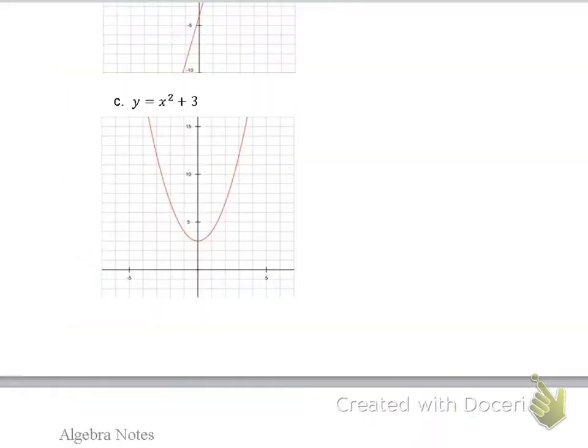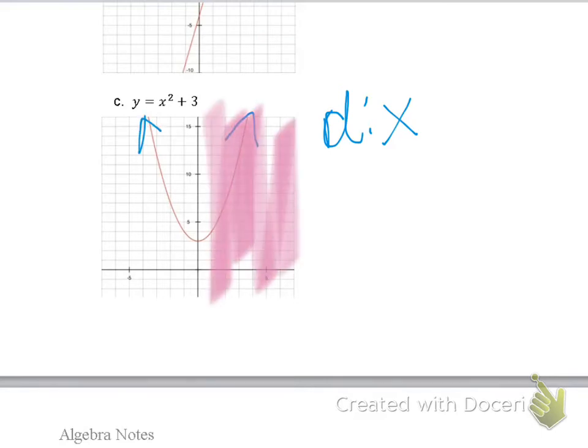So moving on to the third example here. For the domain, the x values, the x values are going to go on forever to the right. They're not stopping. And they're going on forever to the left. They're not stopping. So that's all real numbers again.